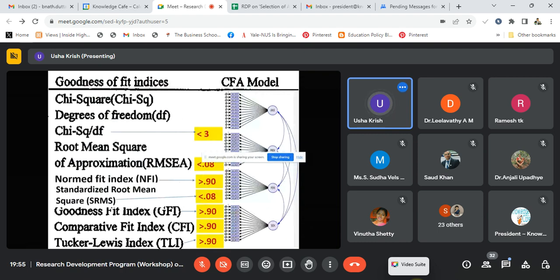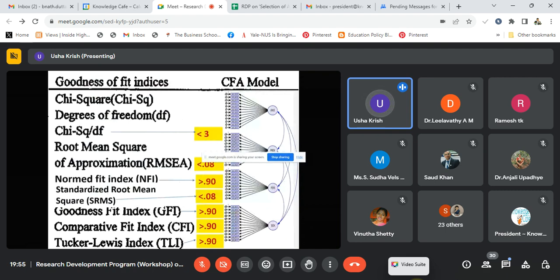The second one, in case of root mean square error of approximation, in other words, we call it RMSEA. The computed value should be less than 0.08. In case of normed fit index, the value should exceed 0.90. In case of standardized root mean square residual, the computed value should be less than 0.08.